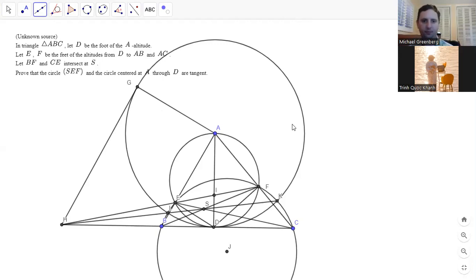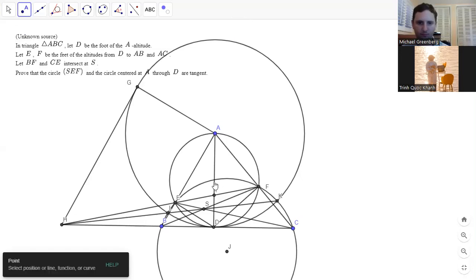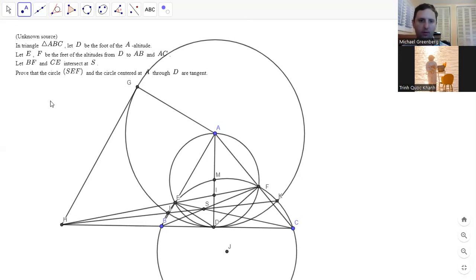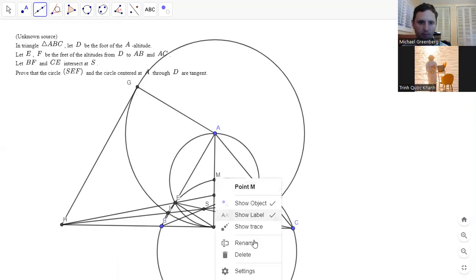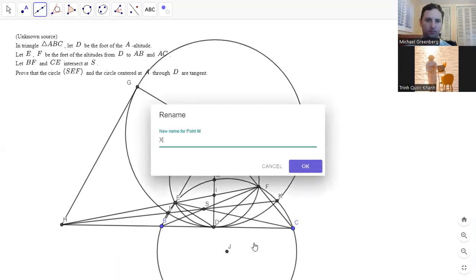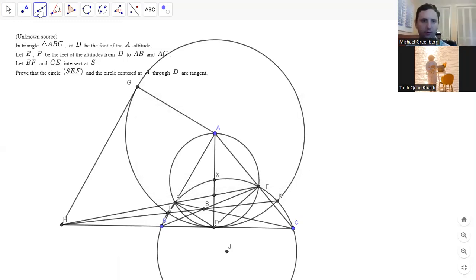But we still want to show AD cuts the circle J at X. So HX is tangent. Okay, so I'll call it X. Wait, are you sure about that? HX is tangent to, I think it intersects at another point right here.